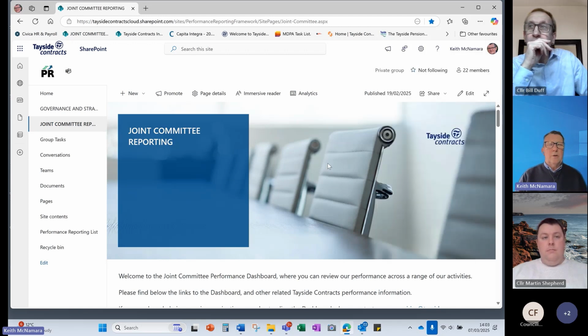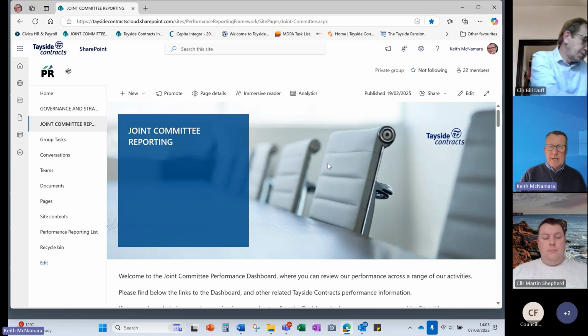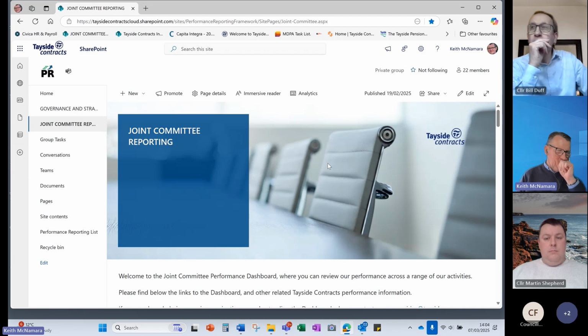We will be hosting the site of the dashboard on a SharePoint. Because some of the information is financial, it's confidential and exempt, so it can't go public. At some point in time, we could share certain areas in the public domain, but we're not seeing that at the moment. So that's why it's got to go into a SharePoint site.